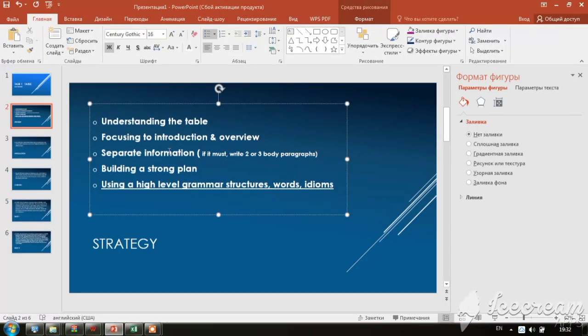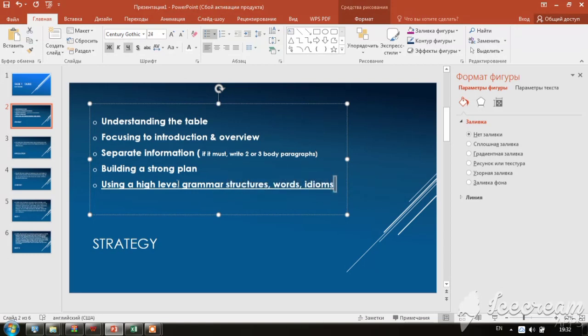You can see there are big numbers, but after that it dropped. So build a strong plan for your essay. If you get any type of essay, you should have a good plan.